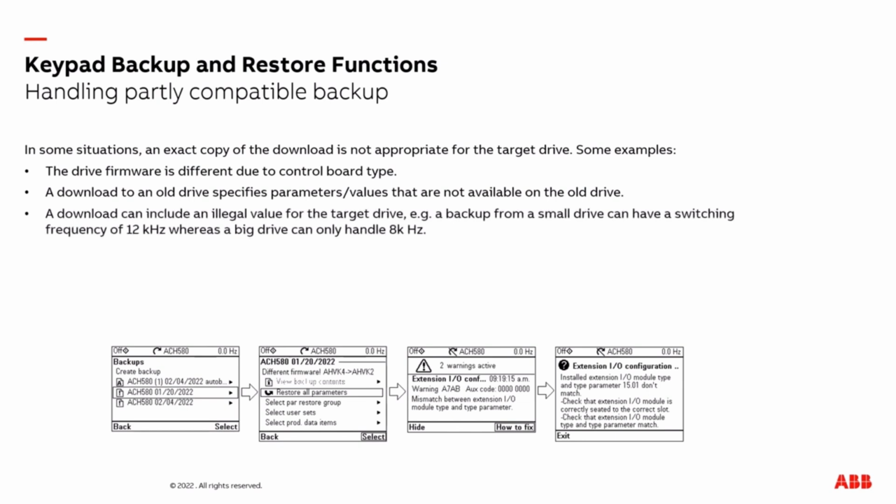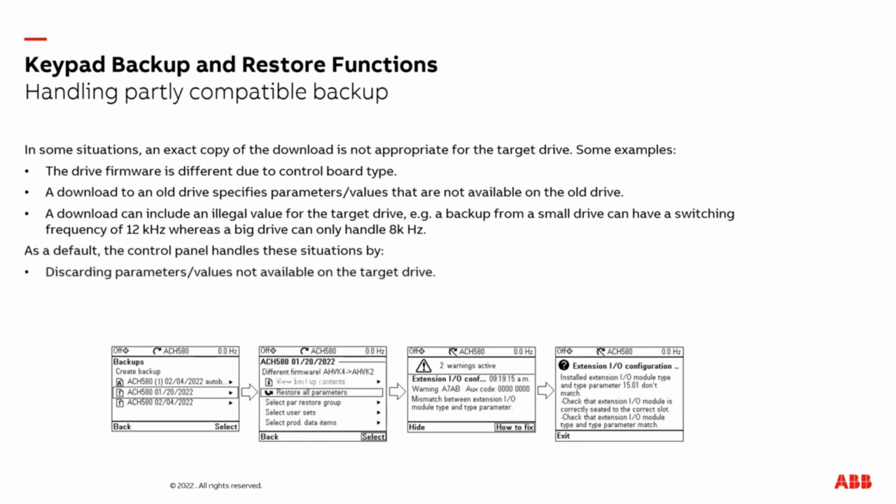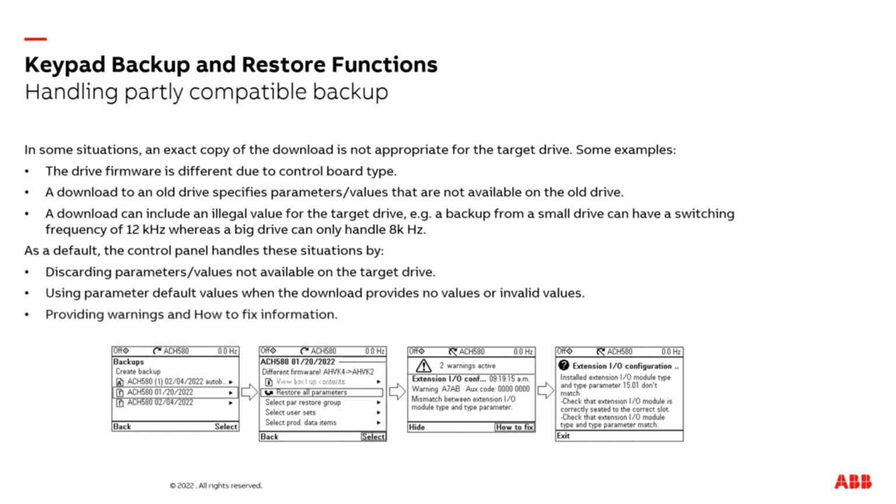A download can include illegal values for a target drive, i.e. the backup from a small drive that can have a switching frequency of 12 kHz, whereas a bigger drive can only handle an 8 kHz switching frequency. As default, the control panel handles these situations by discarding parameters and values that are not available on the target drive, using parameter default values when the download provides no value or invalid values, providing warnings on how to fix the information, as shown below.